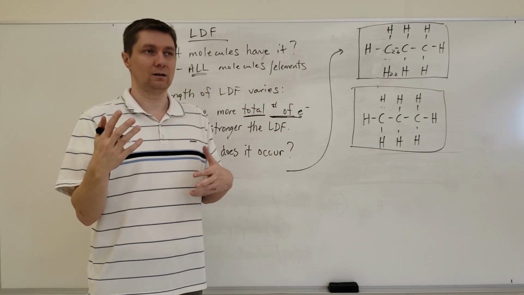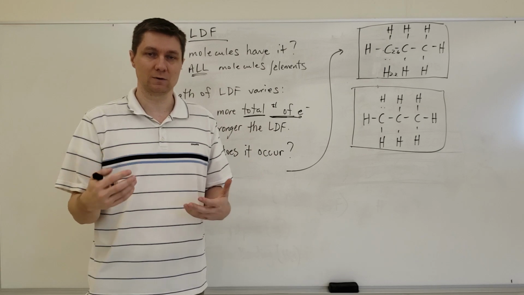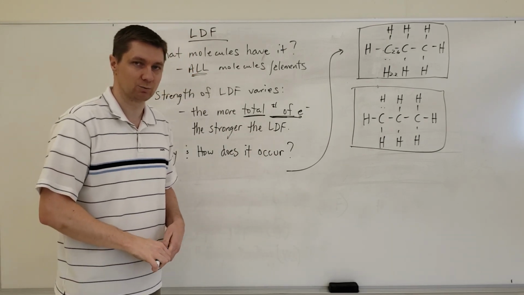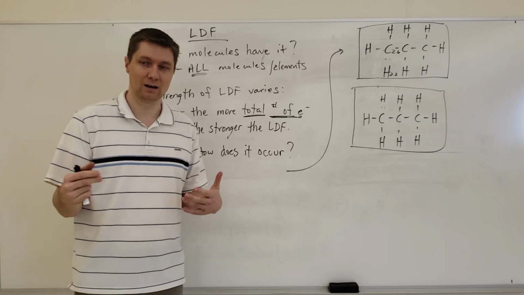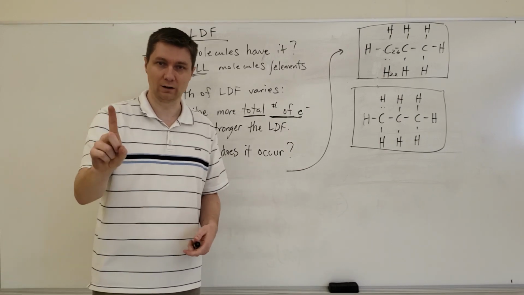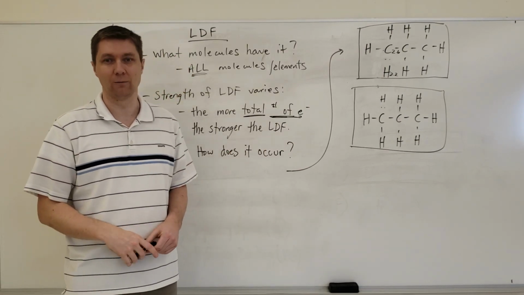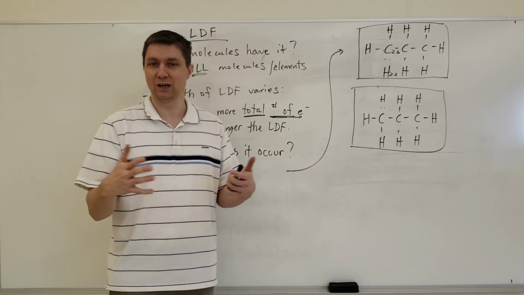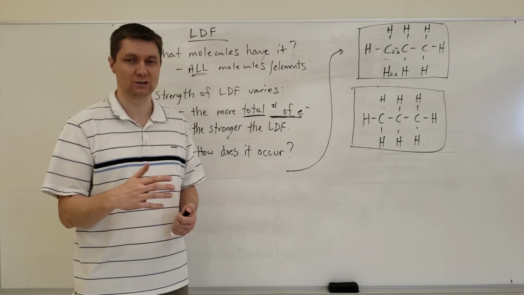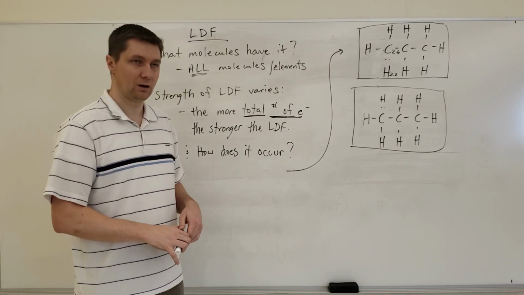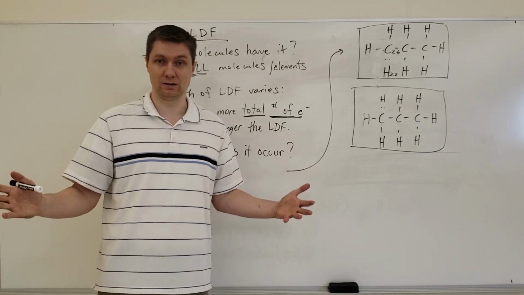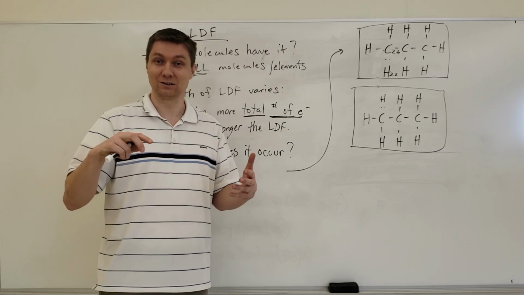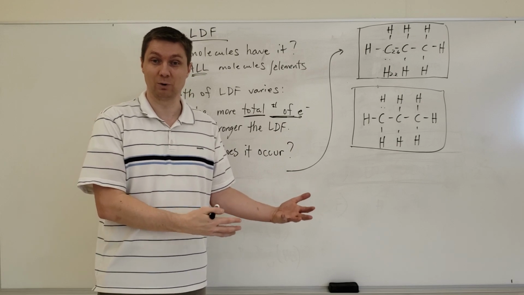And it's just however many electrons we have kind of increases the chance at which we can develop London dispersion forces. So I like to think about it as like lottery tickets. If you go and buy one lottery ticket, your chance of winning is pretty low. If you're a molecule that doesn't have very many total electrons, then your chance of developing a London dispersion force is quite low. But if you go to the store and you buy 1,000,000 lottery tickets, your chance of winning the lottery, although it might still be kind of low, is going to be a lot higher than if someone just bought one.